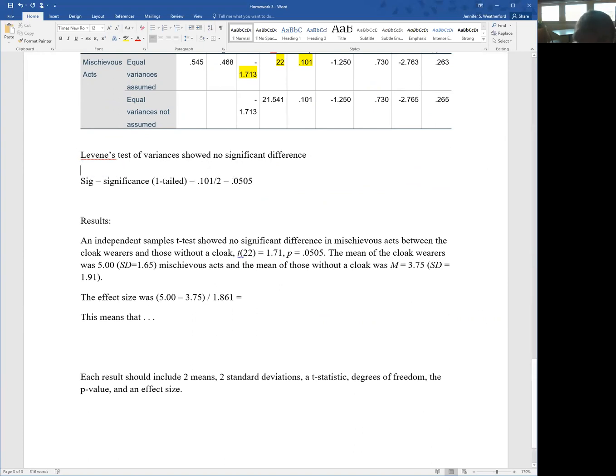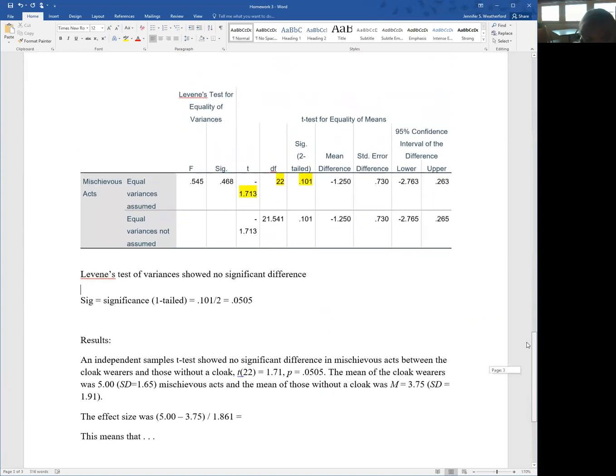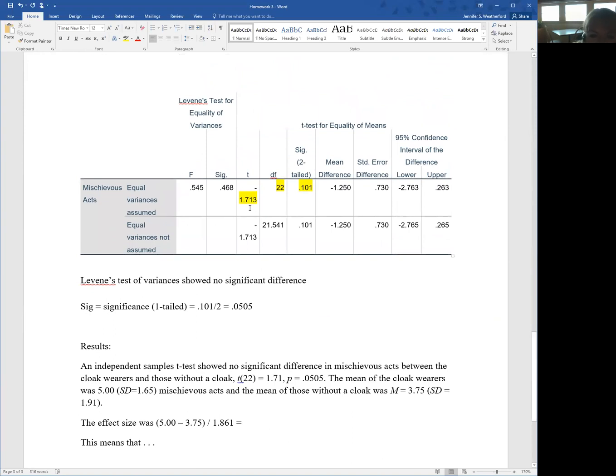Now, once again, I've highlighted in yellow the things that matter here. So we have to report a t statistic, and this is it right here under the little letter t. We have to report a degree of freedom, and this is it right here under the df for degree of freedom. And we have to report a p-value. Now, SPSS calls the p-value Sig period, which is kind of confusing.